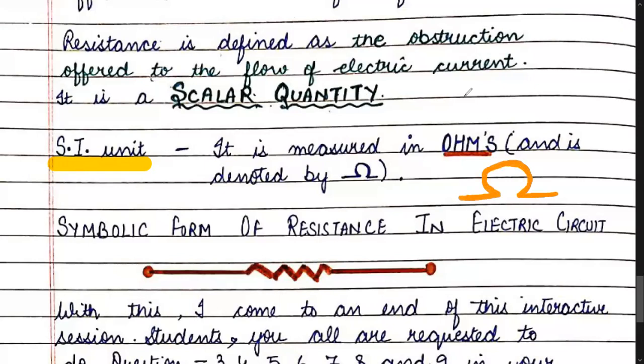SI unit of resistance is ohms. And if we want to draw a symbolic form of resistance in an electric circuit, we have to draw it as the spikes shown in the diagram. This is the symbolic representation of resistance in an electric circuit.